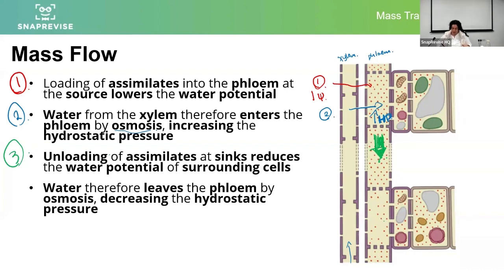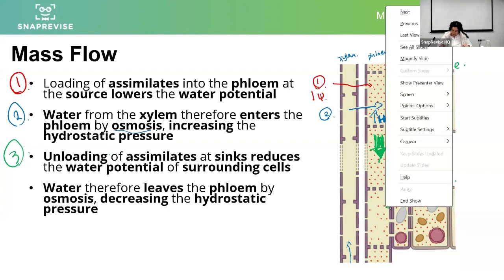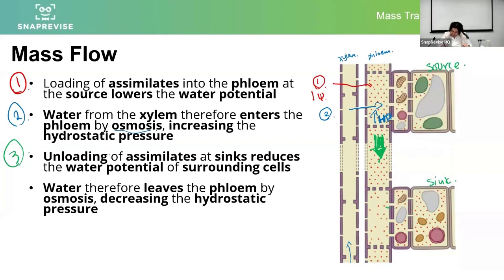Of course, here is my source, and here's my sink, which is typically the root. When the assimilates reach the region of a sink, they are going to be unloaded into the sink.